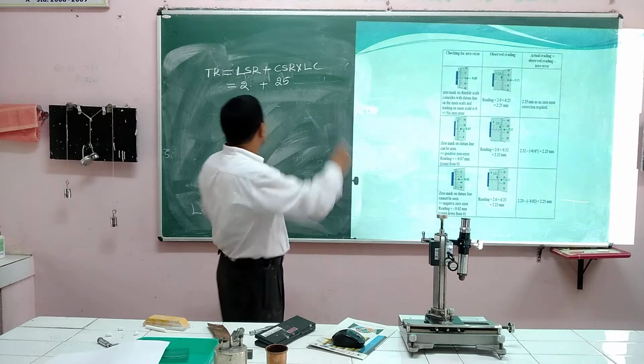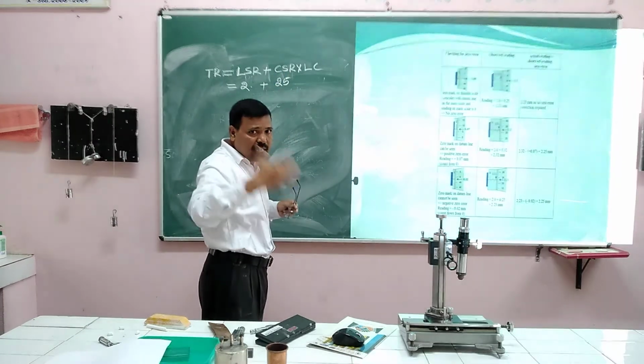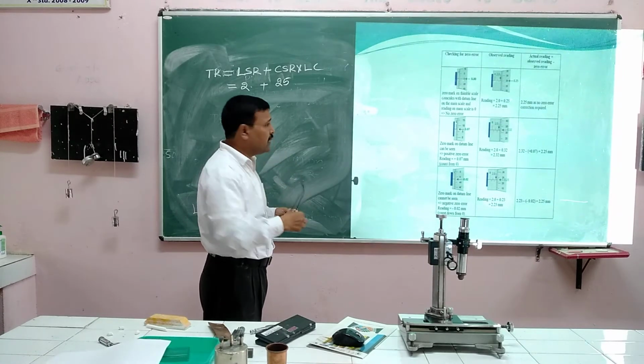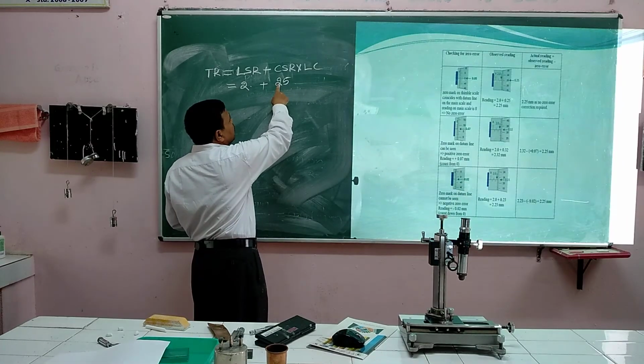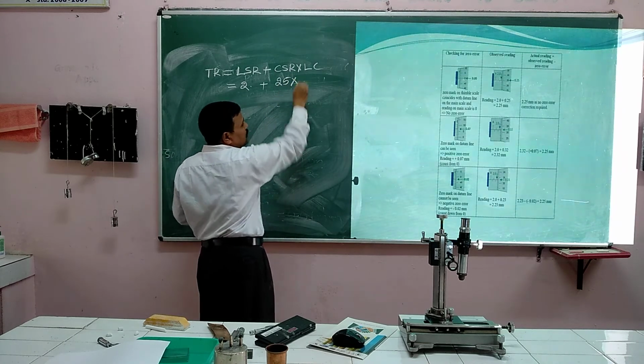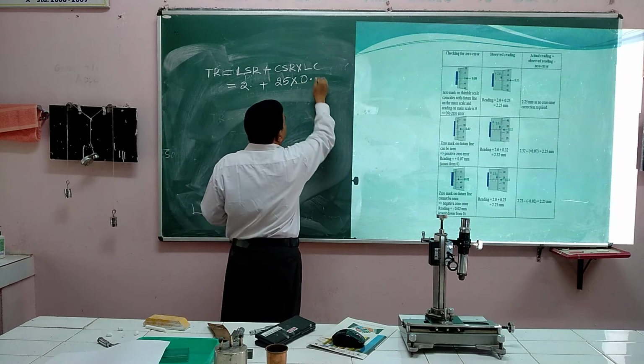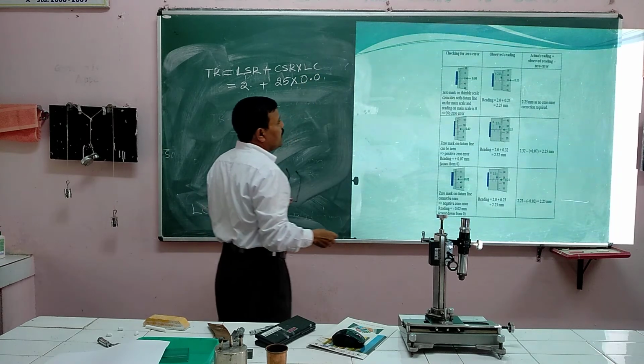Therefore, the circular scale reading is 25, into its least count, which is 0.01 mm.